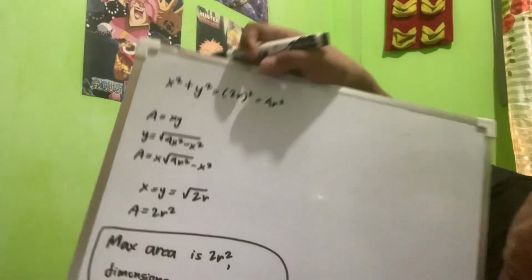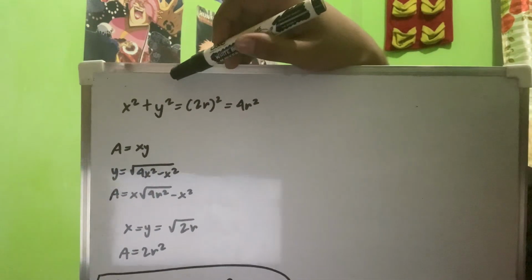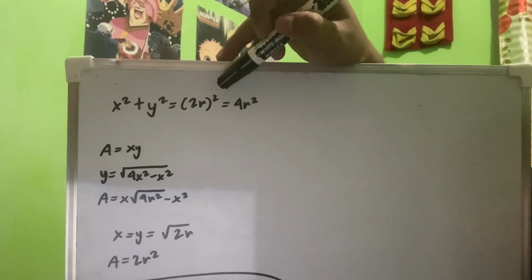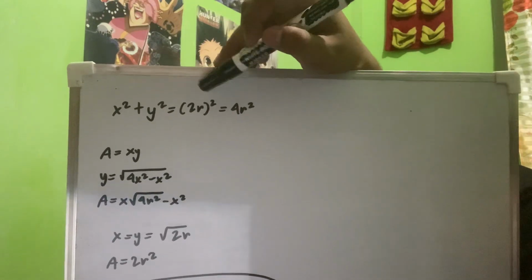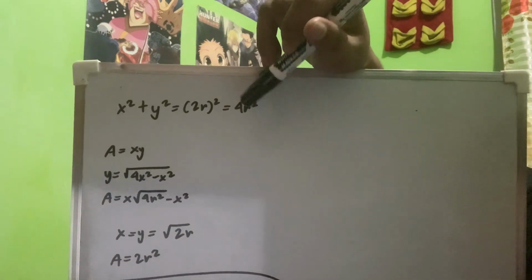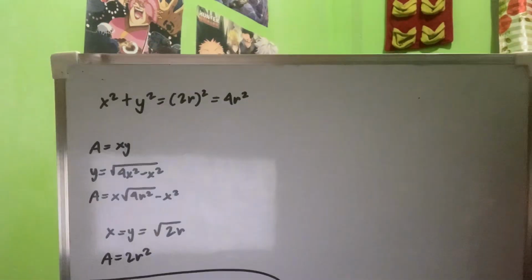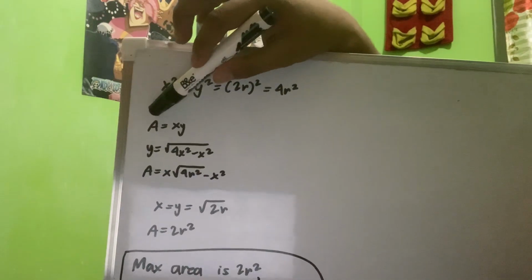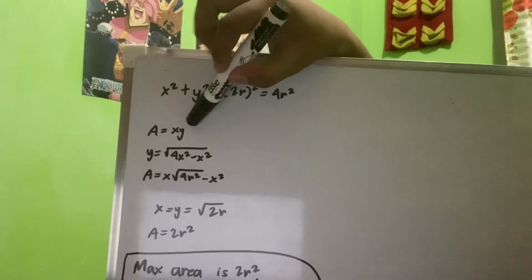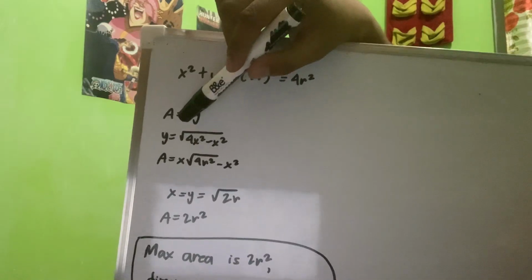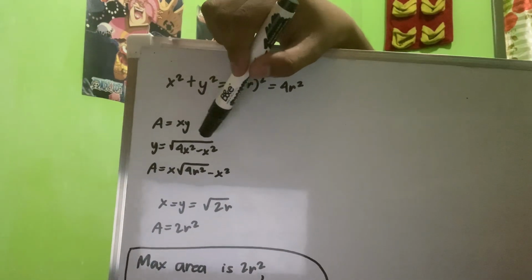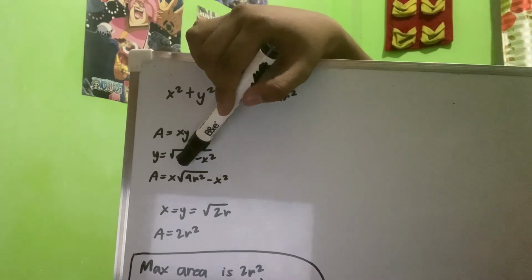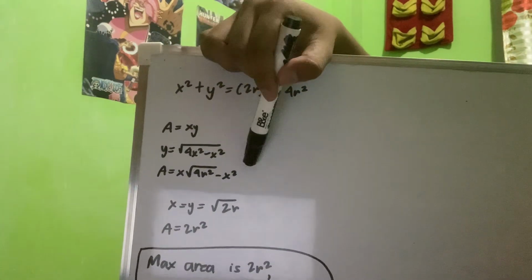So x squared plus y squared equals (2r) squared, which equals 4r squared. The area is A equals xy, then y equals the square root of 4r squared minus x squared. So A equals x times the square root of 4r squared minus x squared.